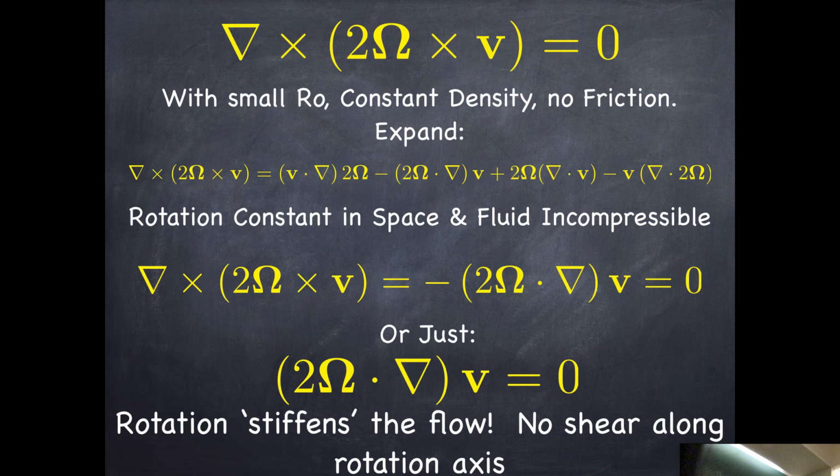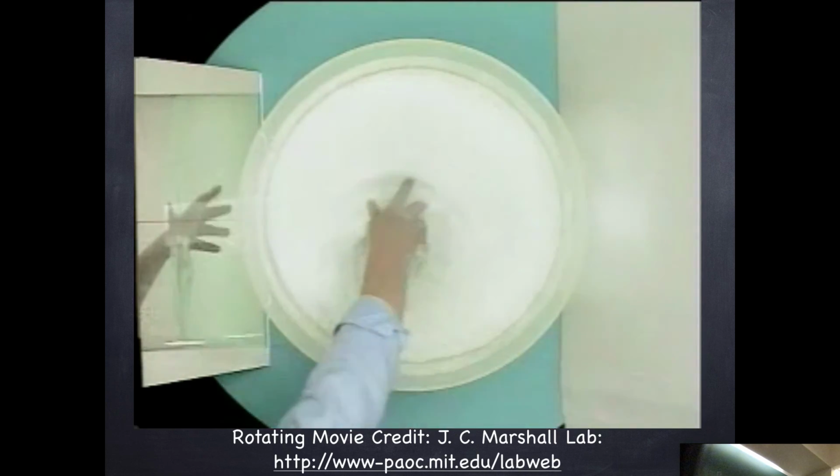There's no differential in motion between the part closest to the board and the part furthest away. Or in the lab tank, he was putting that little dot at the surface, but you could have put a dot in the middle and it would have gone just as fast, because there should be no shear in a strong geostrophic motion if the density is constant and the friction is negligible. That's the Taylor-Proudman theorem.